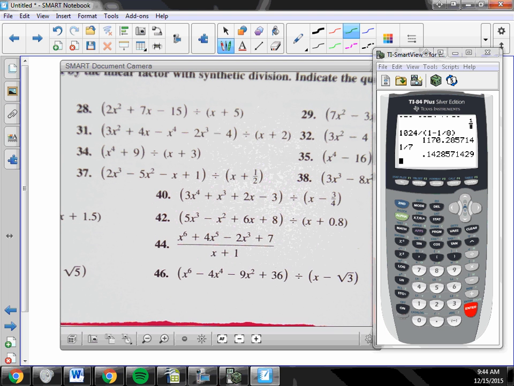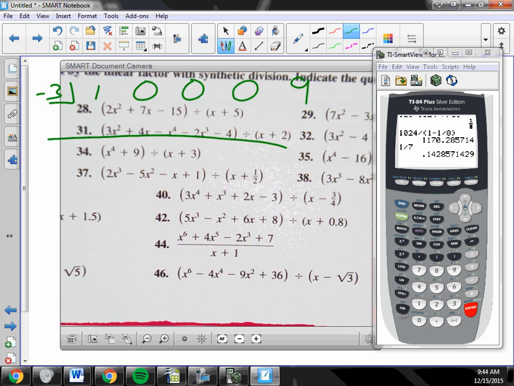What am I going to put in the box for 34? Well, negative 3. And then, what are the coefficients going to be? 1, 0 for x to the third, 0 for x squared, 0 for x, and 9.